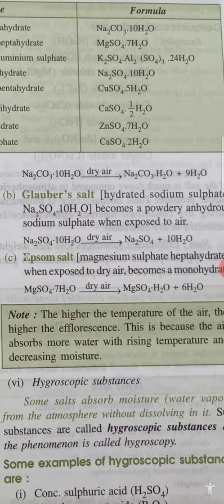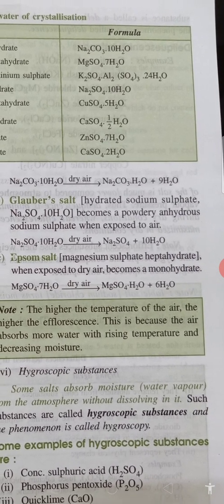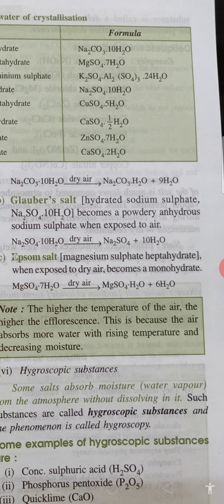The next is Glauber's salt, that is sodium sulfate·10H2O. It is hydrated sodium sulfate, which becomes powdery anhydrous sodium sulfate when exposed to air, so it is losing its water of crystallization. Epsom salt, magnesium sulfate heptahydrate, when exposed to dry air becomes monohydrate, and it loses water.